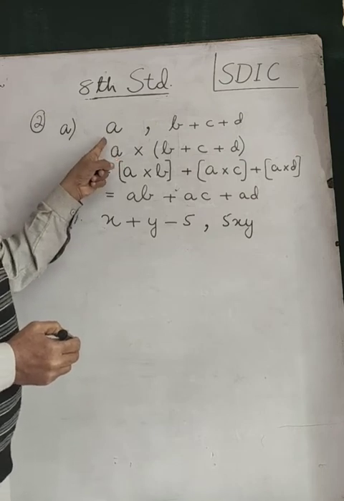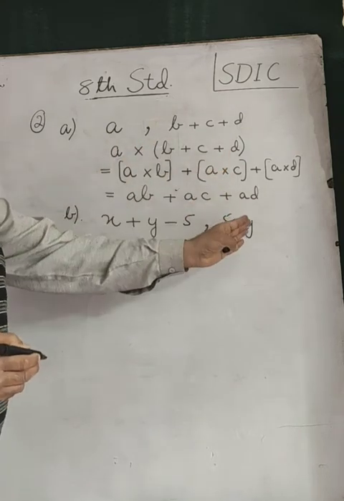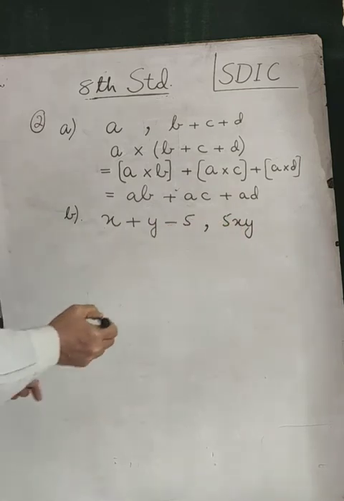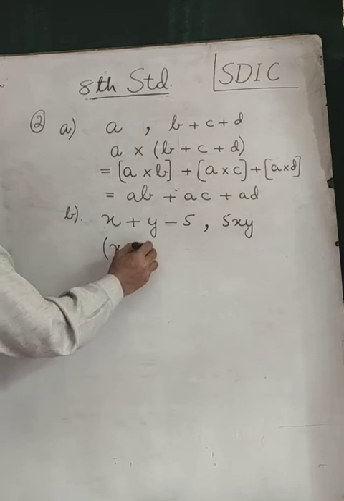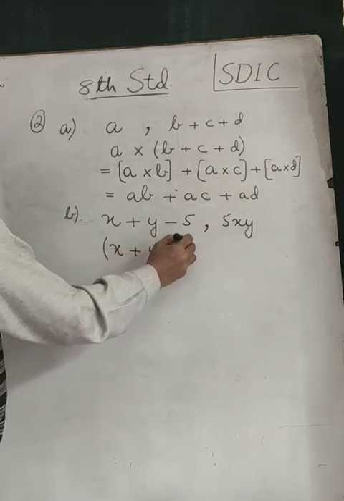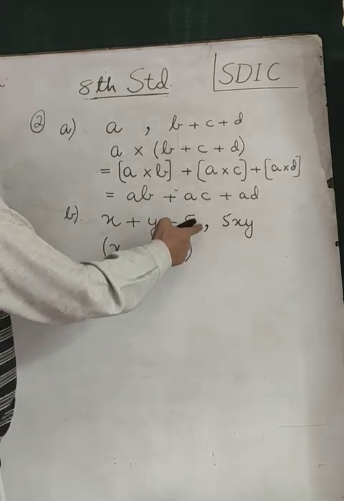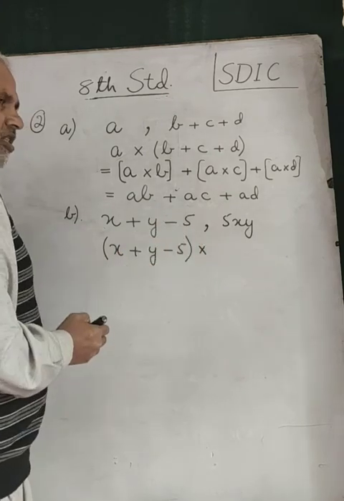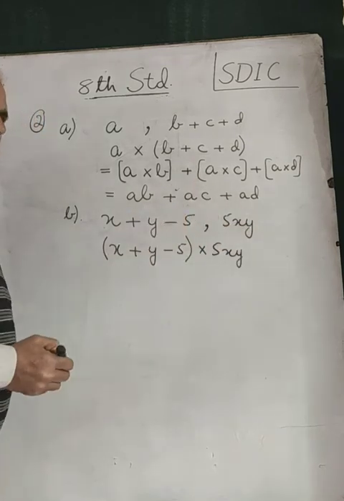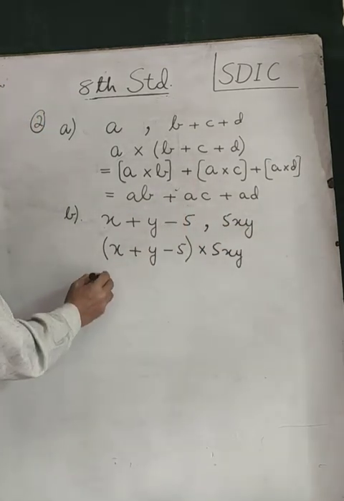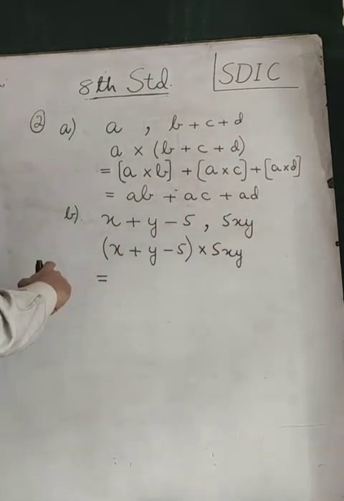So distributive law was applied from left side here. Here it will be applied from right side. Writing it in the usual form, we'll write the trinomial involved in the bracket. Instead of comma, we'll put multiplication sign and then the monomial, 5xy. Now multiplying, use distributive law from right side.